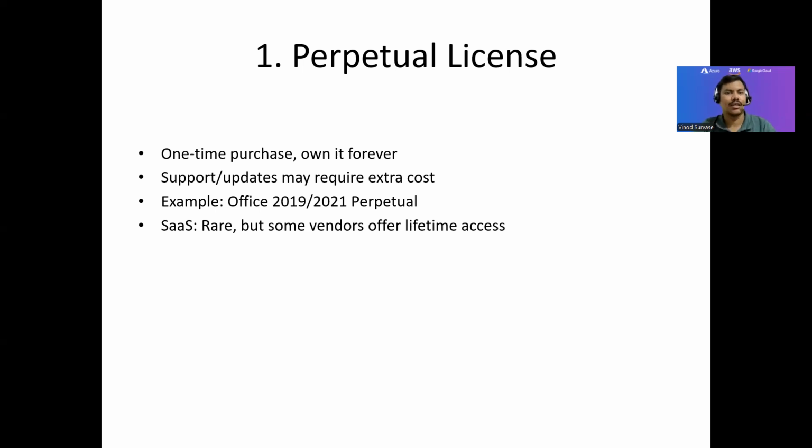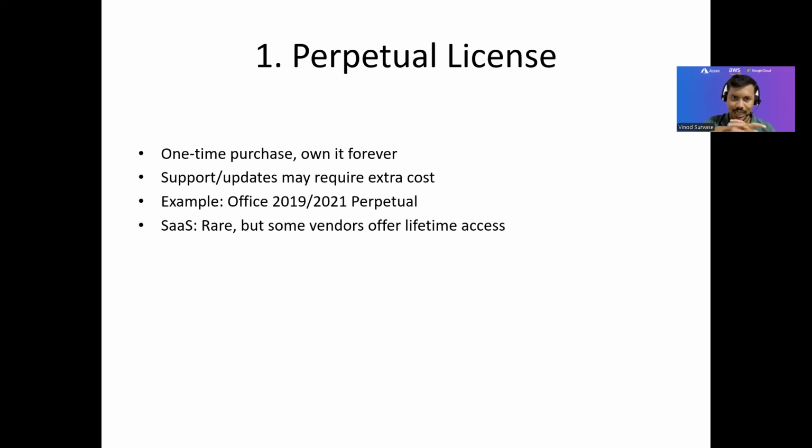For example, Office 2019 and 2021 are or were perpetual licenses, and many companies might still use them. But since Microsoft 365 has provided all the other Office applications in the cloud, it is not being used in many organizations, right?